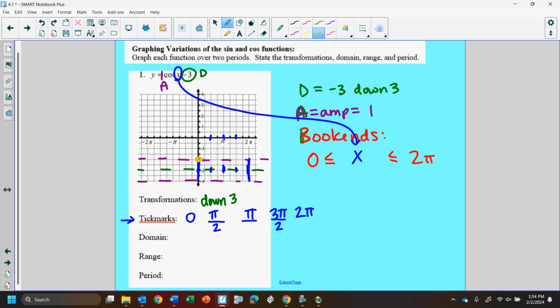That top corner of that box that we drew. Cool? Our next point from there is going to go on the dividing line, and it needs to line up with our next tick mark. It needs to line up with pi over 2. Pi over 2 should be on the dividing line, down at -3. Doing okay?